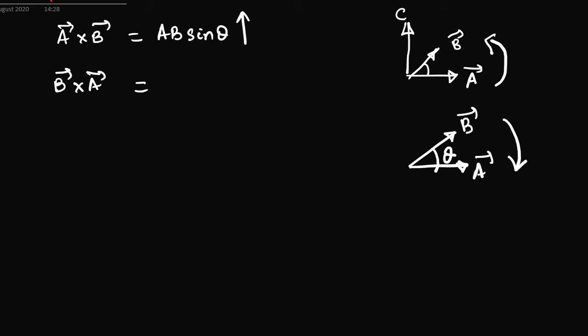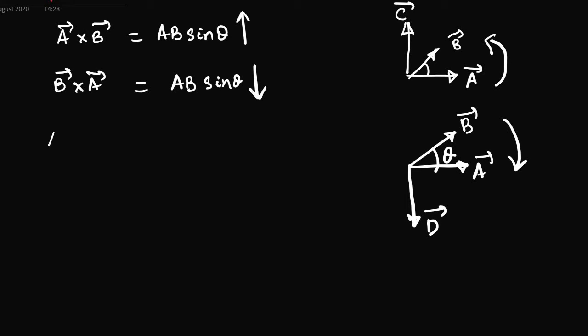So what do you think? What will be the perpendicular? The perpendicular and the direction will be in this way. I can mention it as D if I want. Obviously, the magnitude is the same as this one, but the direction would be downward.